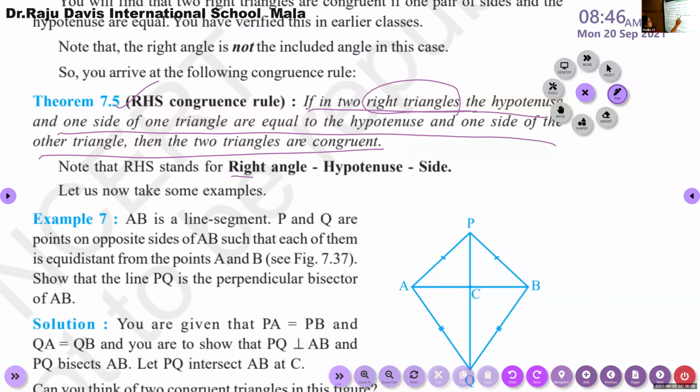RHS means right angle, hypotenuse, side. In right angle triangles, the hypotenuse and one more side are equal. Only for right triangles.